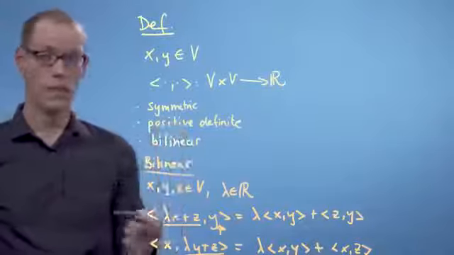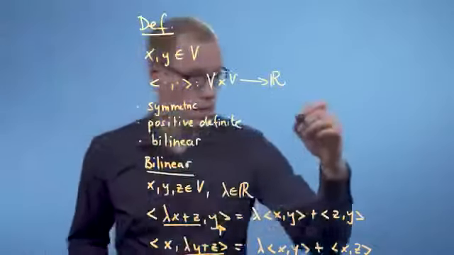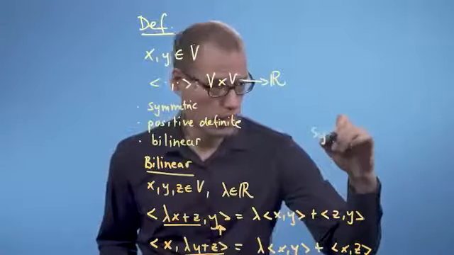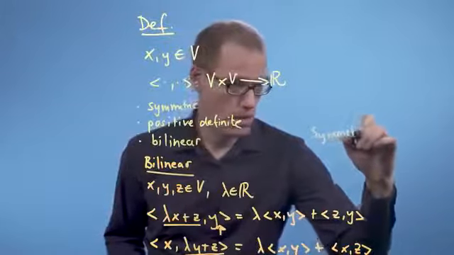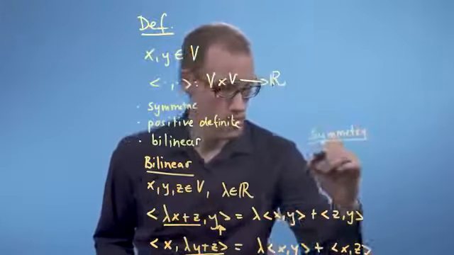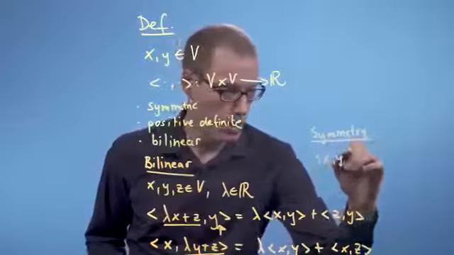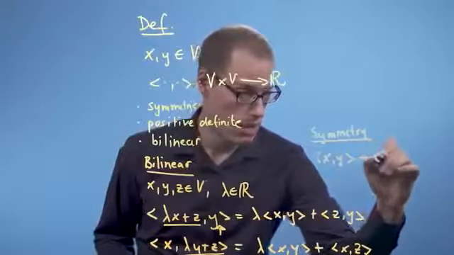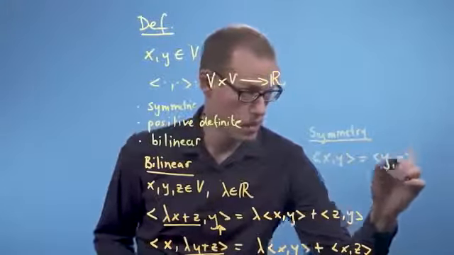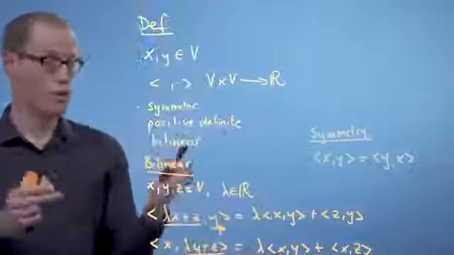And the last component that we need is symmetry, and symmetric means that the inner product of x and y is the same as the inner product of y and x. So the order does not matter.